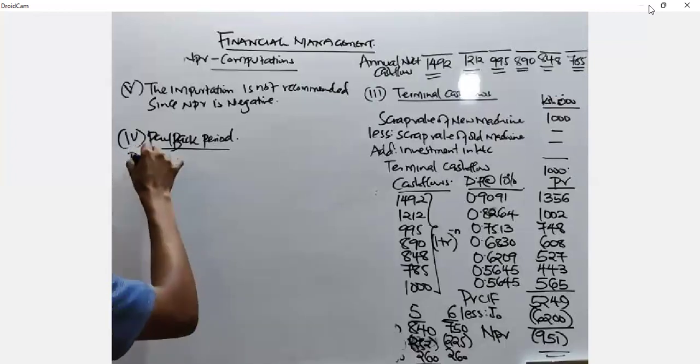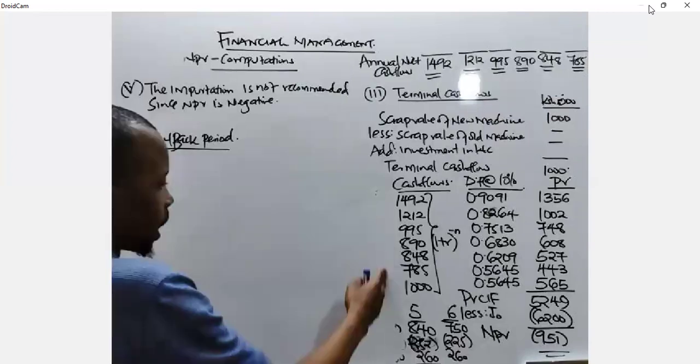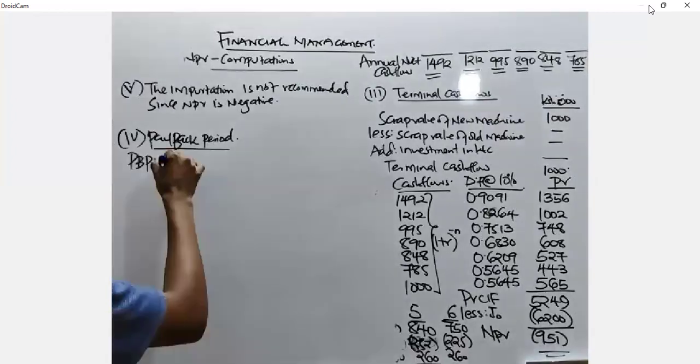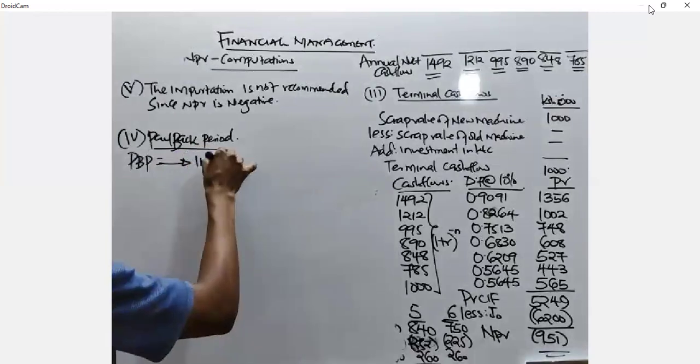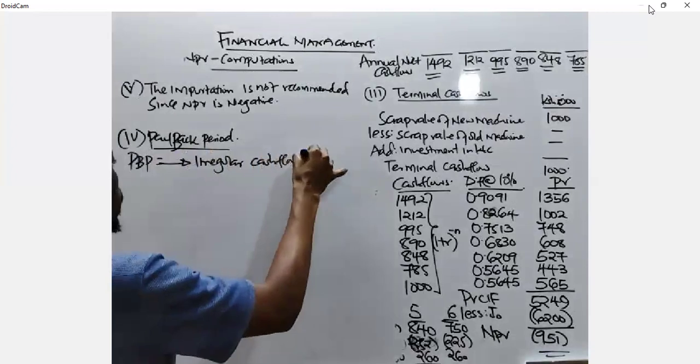To get your payback period, you have to look at whether your cash flows are regular or irregular. In our case here, we are dealing with irregular cash flows. So what are we supposed to do?